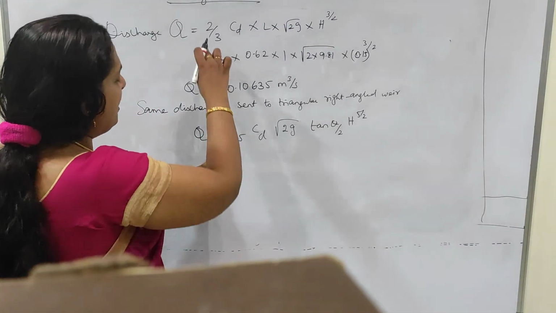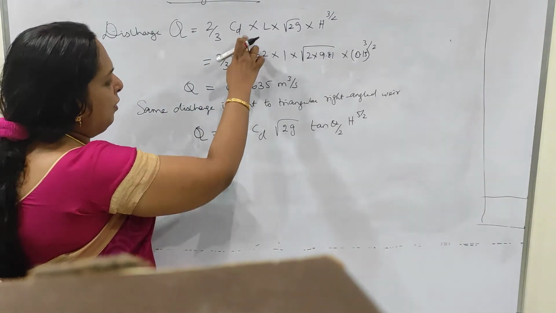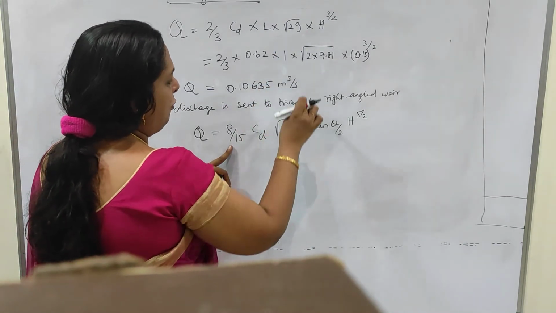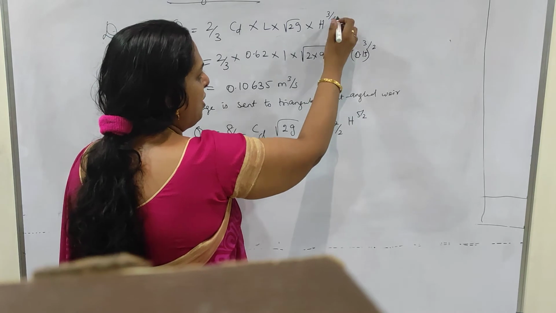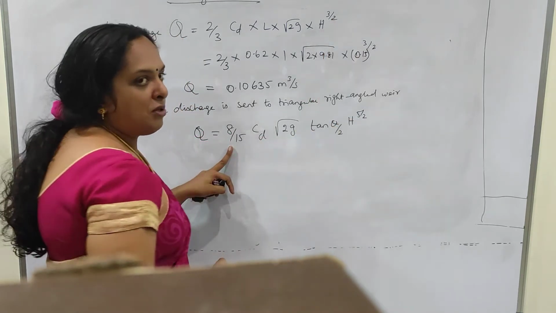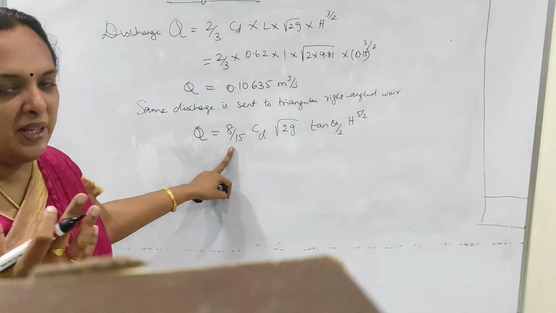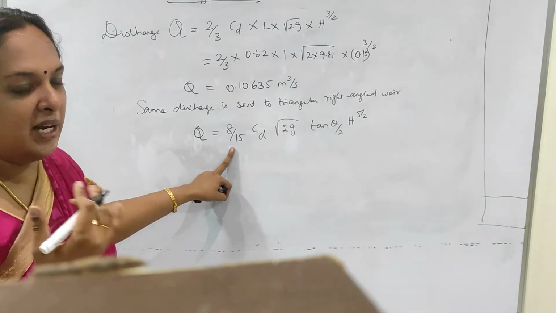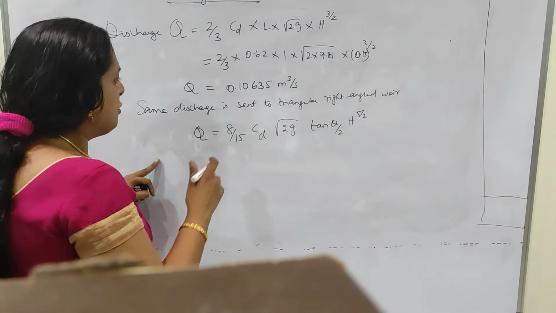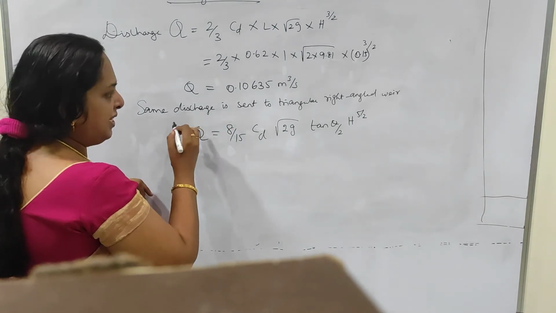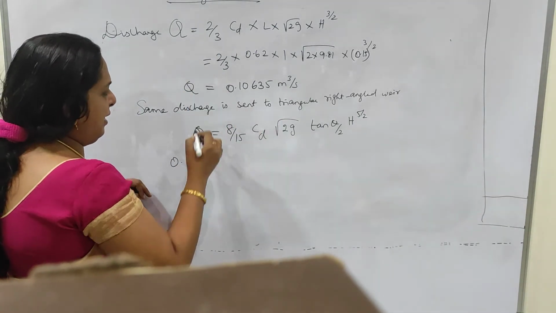Instead of 2 by 3, I have 8 by 15. The CD and root 2g are the same. Instead of L, I am having tan theta by 2. Instead of h to the power of 3 by 2, I have h to the power of 5 by 2. Just remember that, so you can correlate and recall these expressions. Q is already known because it is the same as that of your rectangular weir.